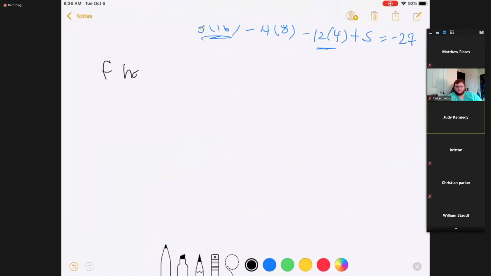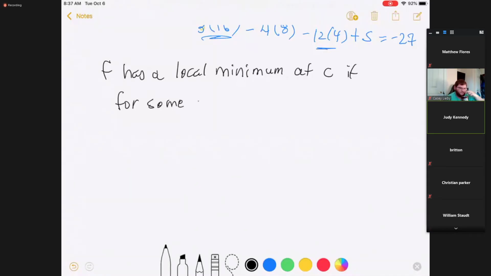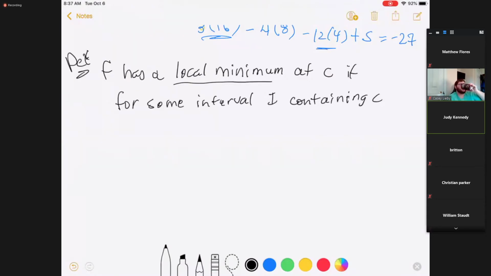F has a local minimum at the number C if for some interval I containing C, this is just a quick review of the definition.